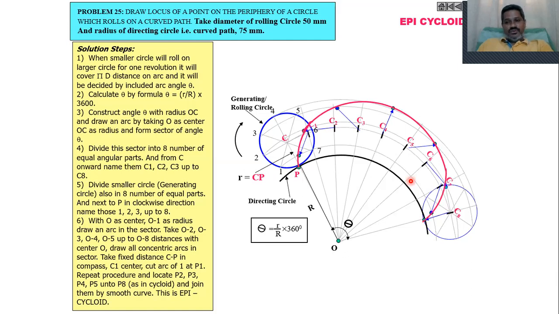Then I move further to see what a hypocycloid is. As we have seen in the previous slide how to draw the epicycloid, now we are going to draw the hypocycloid.